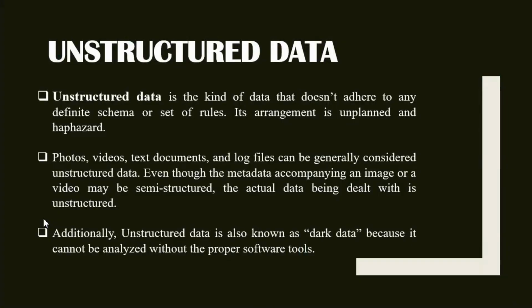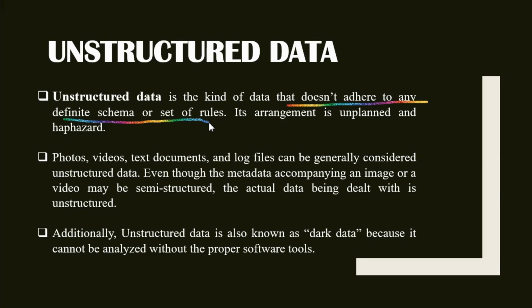So what is unstructured data? Unstructured data is the kind of data that doesn't adhere to any definite schema or set of rules. It states by itself that it does not follow any rule. What does that mean? For example, structured data follows certain rules or is fixed in a certain schema, so we can plan and arrange it in certain rows, columns, relational tables, or certain formats.